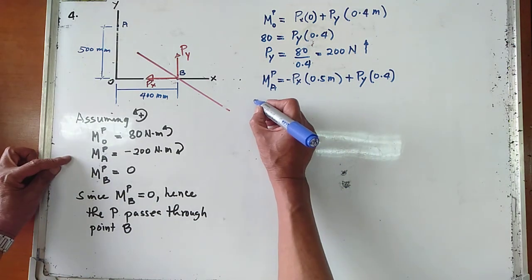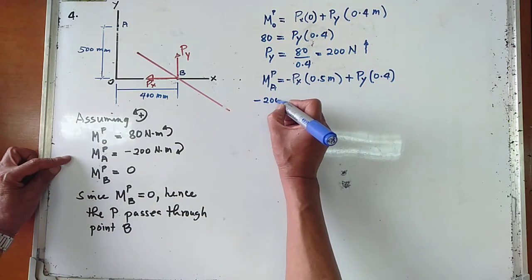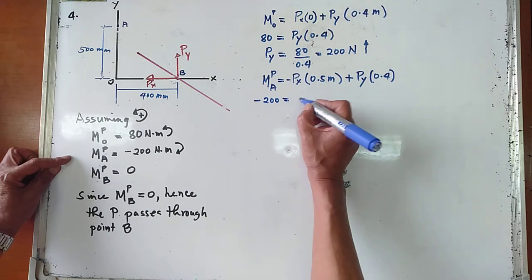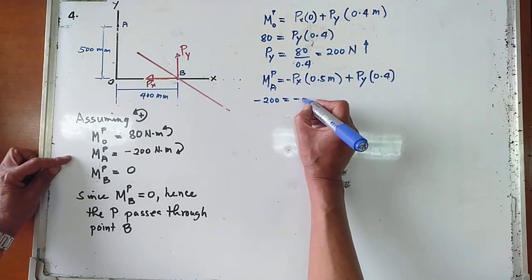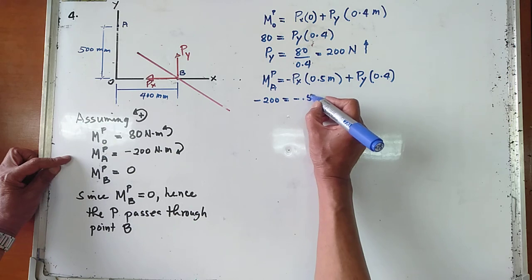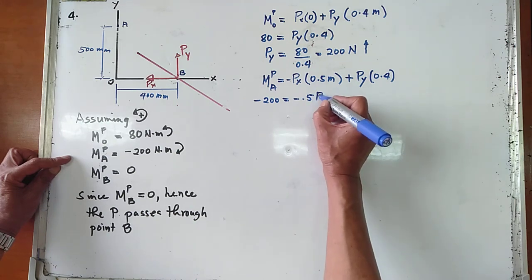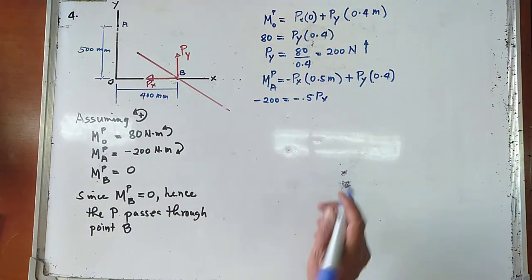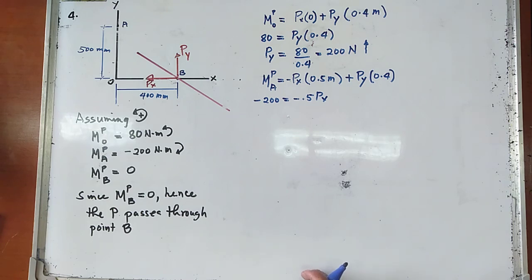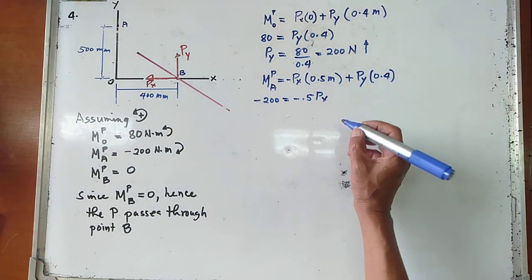So this is equal to negative 200. So that is equal to minus 0.5, multiply this one by Px, plus Py.